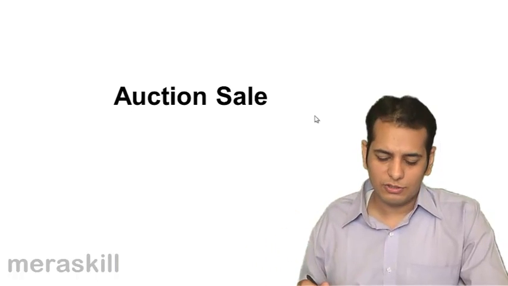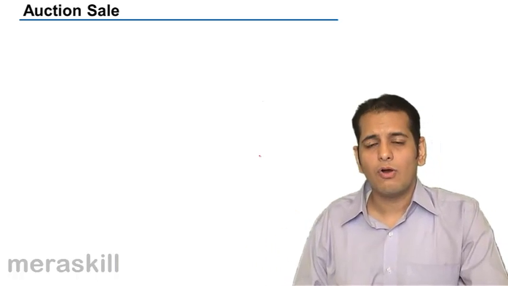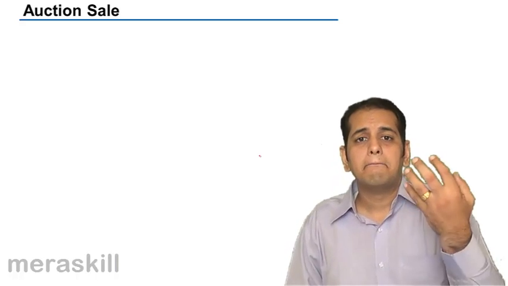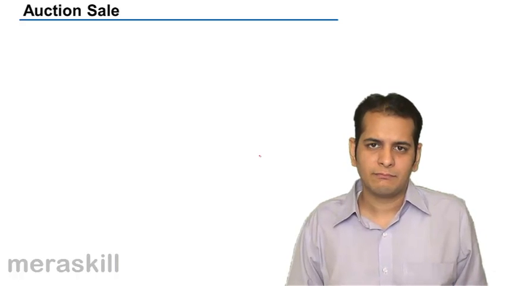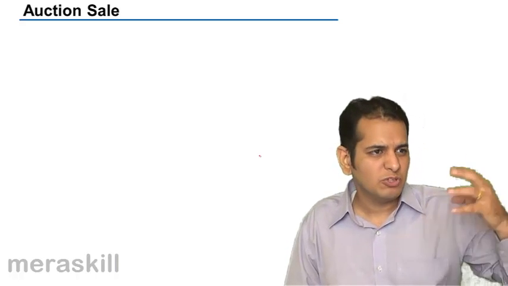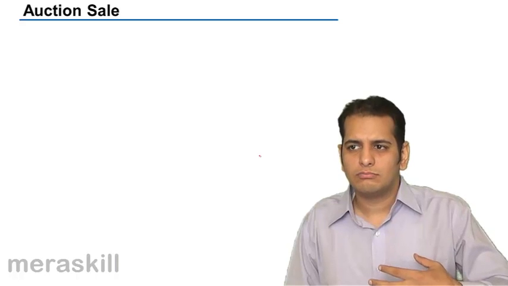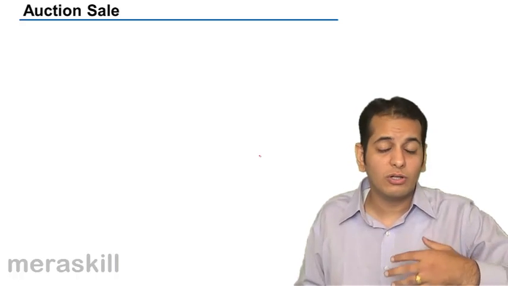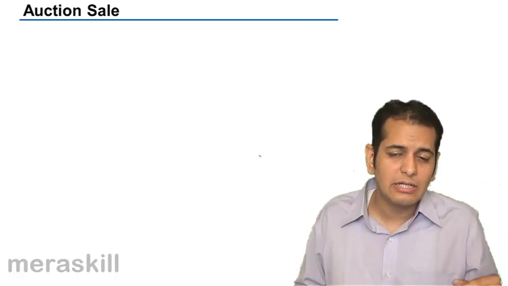So what is auction sale? Auction sale is a method of sale wherein bids are invited. You would have seen that paintings or some other artworks, some craft pieces, some jackets, some vintage cups, plates belonging to some Maharaja, or some vintage cars are kept in auction.